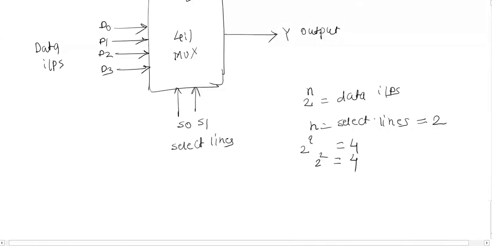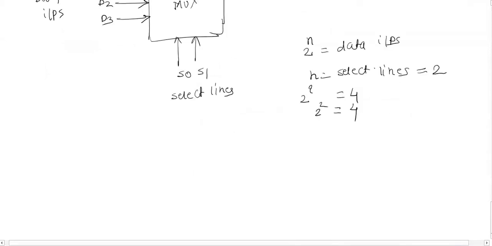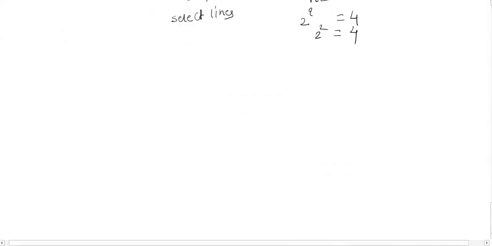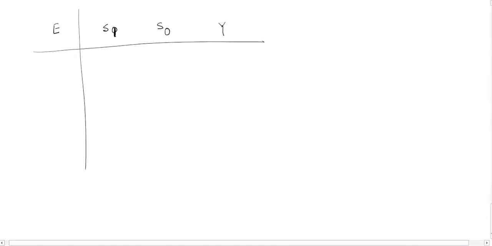Now let's see the truth table used by the 4:1 multiplexer. The enable input is equal to 1. The select lines are S0 and S1, and the output is Y. The enable input I have to compulsorily give here as 1, because I have not said that the 4:1 multiplexer gets enabled with an active low signal.